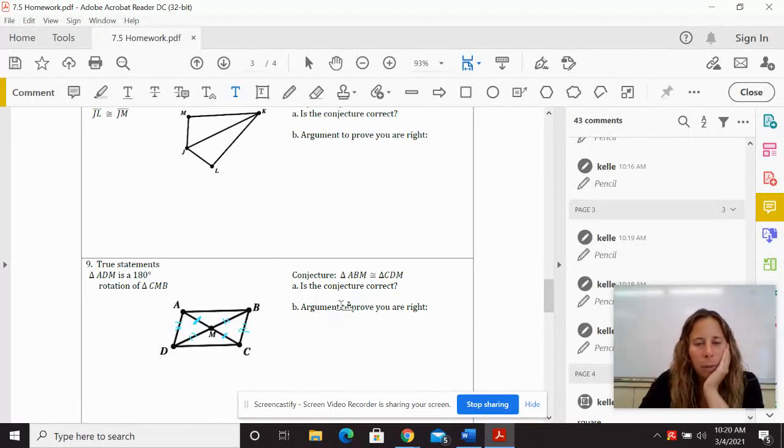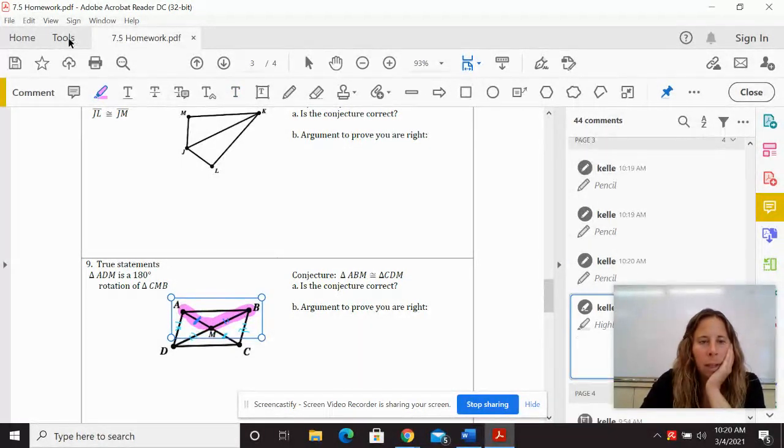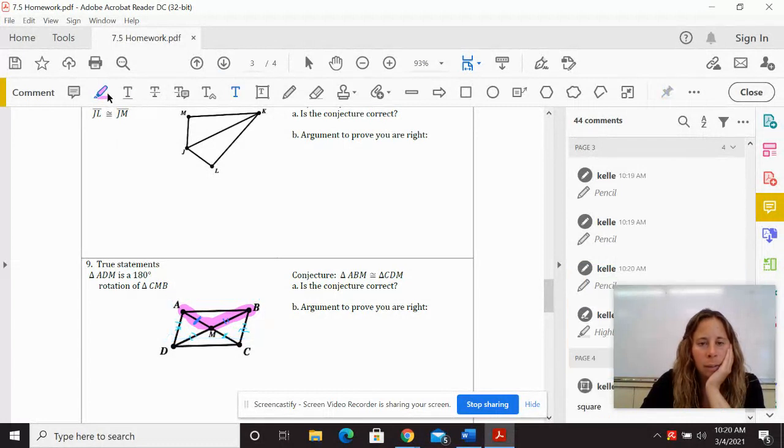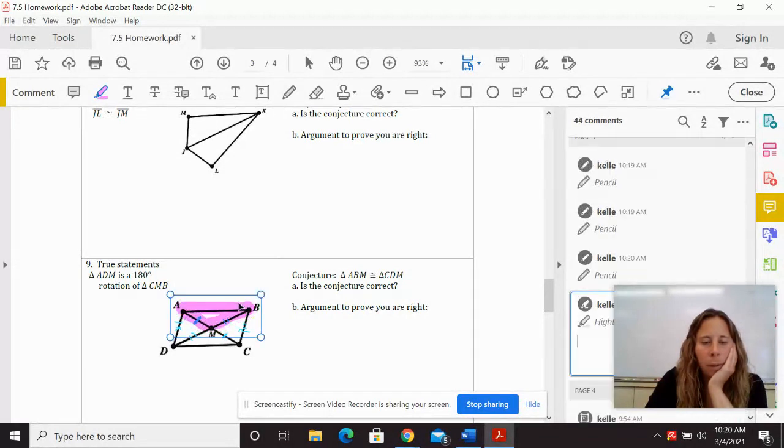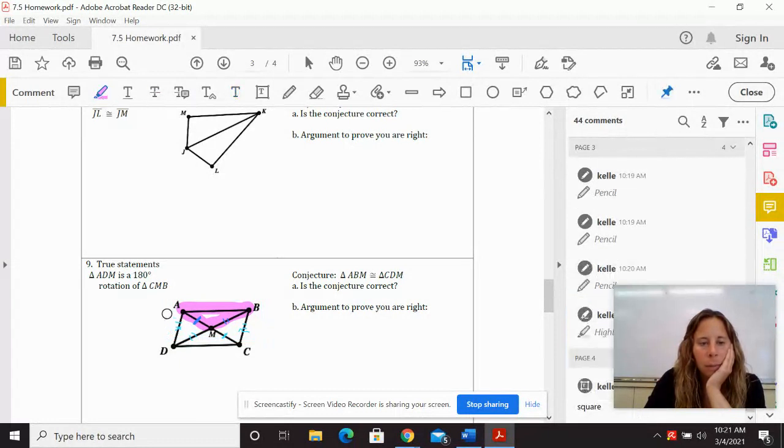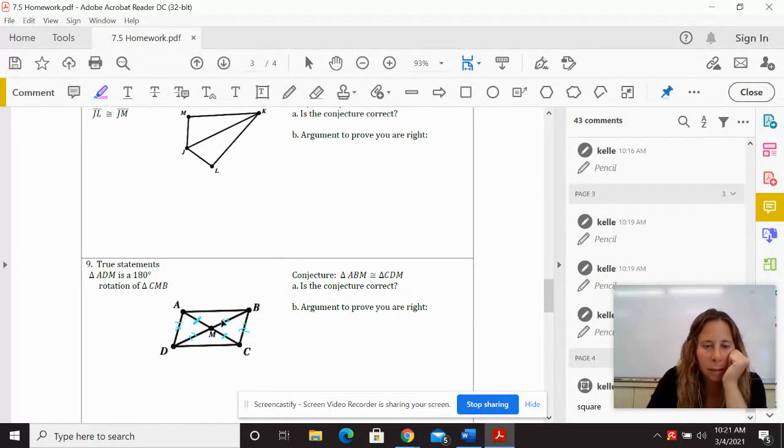All right, so we're trying to prove that this triangle, ABM, is congruent to the bottom triangle. Well, they already have 2 sides that are congruent.